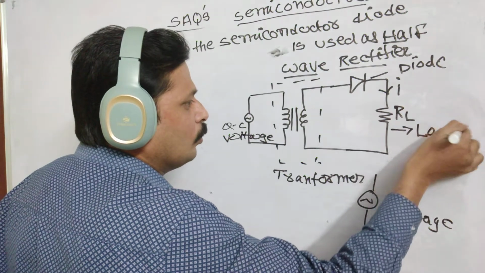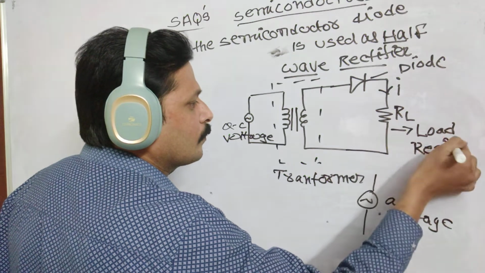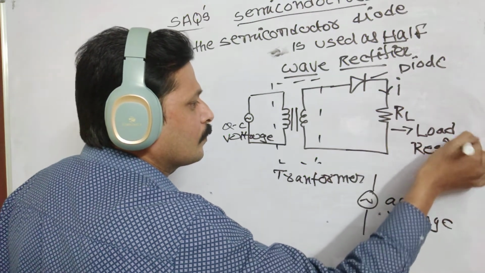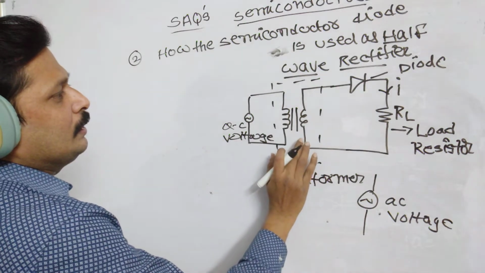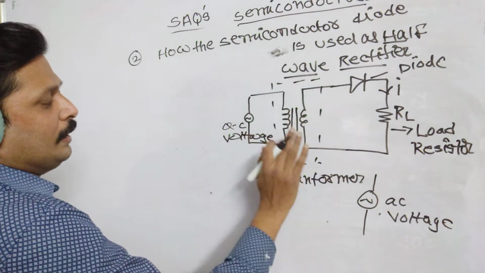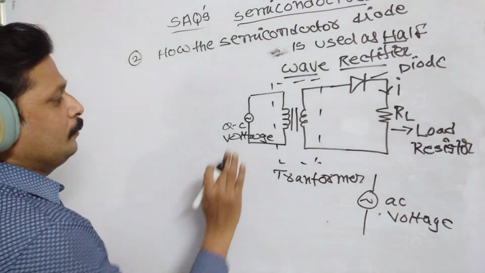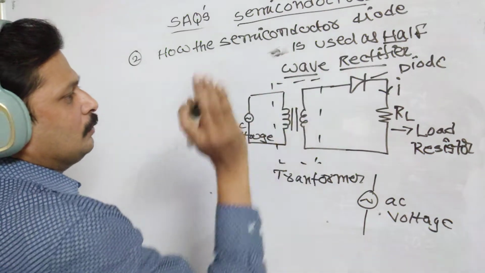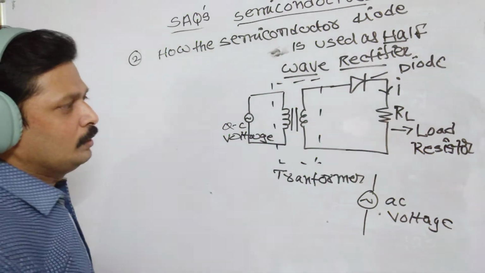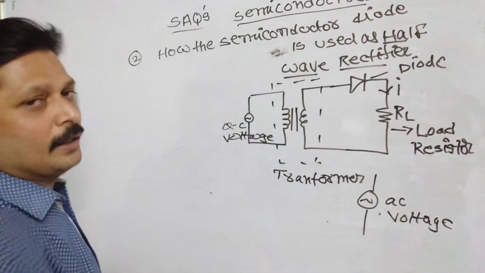L stands for load, R stands for resistor, the load resistor. That means to construct the half wave rectifier, the required parts are: one is AC voltage, second is the transformer, third is the diode, fourth is the load. Once these are present, it is possible to construct the half wave rectifier.